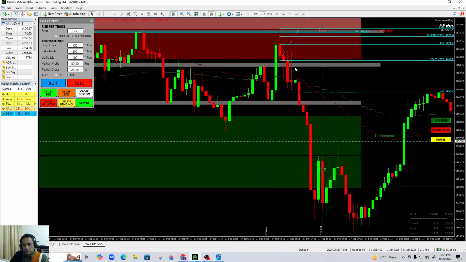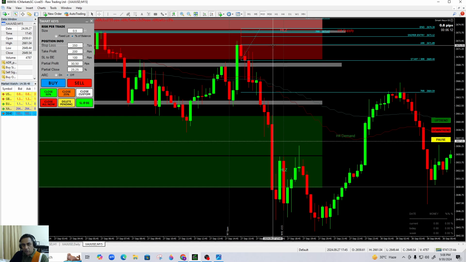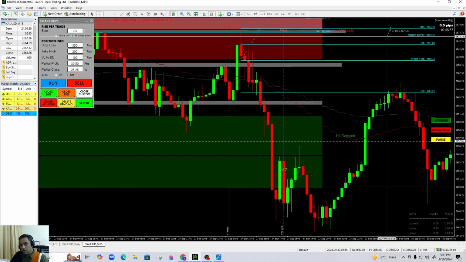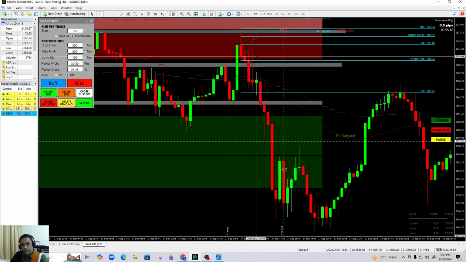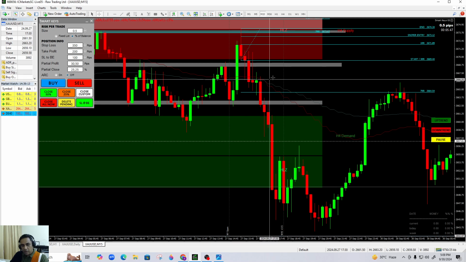We had marked this price, unfortunately it didn't come here. We had a pending order at 2671.89. We also had a pending order at 2673.12 with a stop loss of about 25 pips on the first and about 11, 12 pips on the second one. The price didn't come to either of them. It tried, but it failed, and it just dropped.